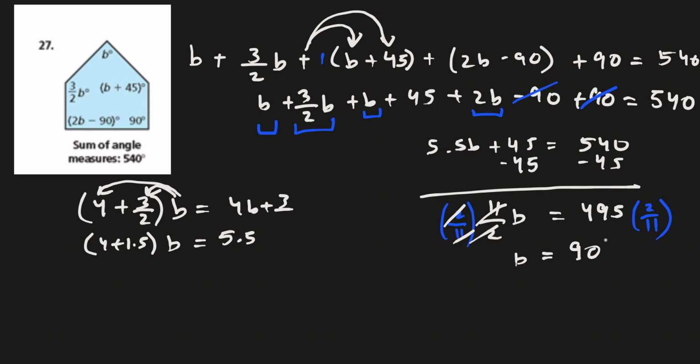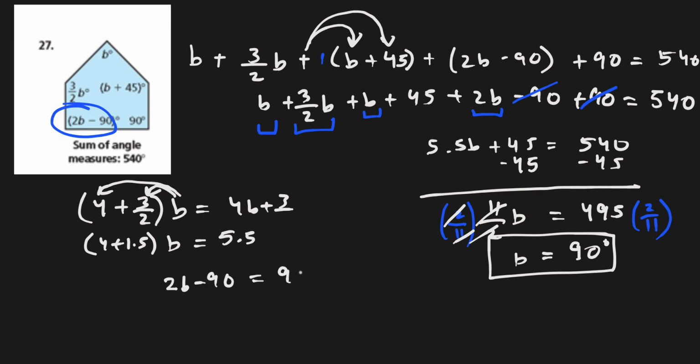This is in degrees, so that's your answer. Why should this make sense? When I first looked at this problem, I knew this was probably a 90-degree angle. It's not given to us, but it's probably one. So I can think about setting 2B minus 90 equal to 90. If we add 90 to both sides, this is the addition property of equality, 2B equals 180, B equals 90.